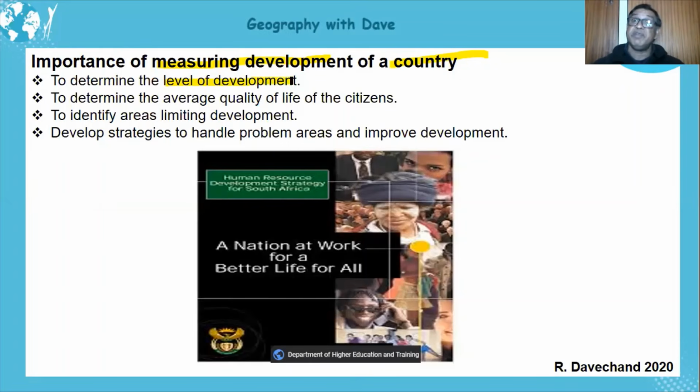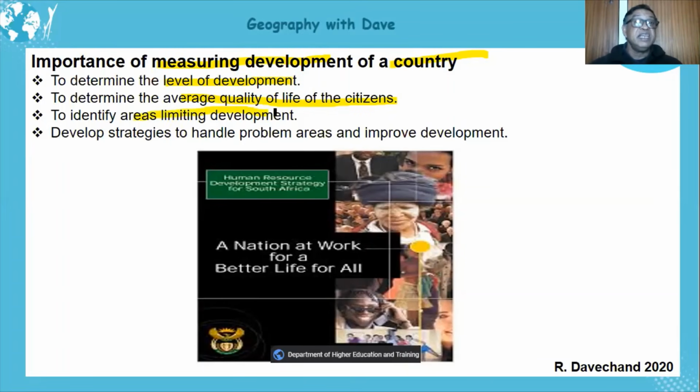To determine the level of development: where are we now? Where should we be? Where can we be? To determine the average quality of life of the citizens. What's the quality of life? It's low. How could we up it? Because it makes us start thinking, eh? Can you see why I've included this?